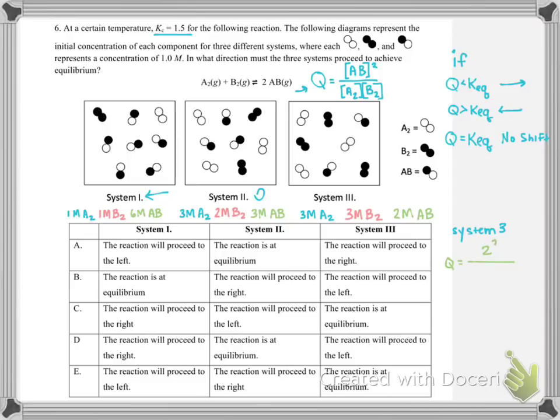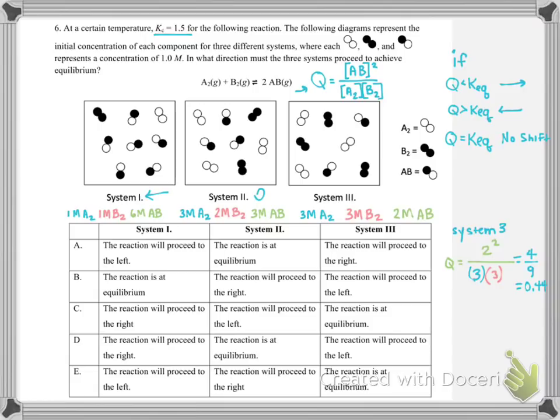That'll be squared, divided by our concentration of the A2, which is going to be 3, times the concentration of the B2, which is also 3, and this is equal to 4/9, which is the same as 0.44444.